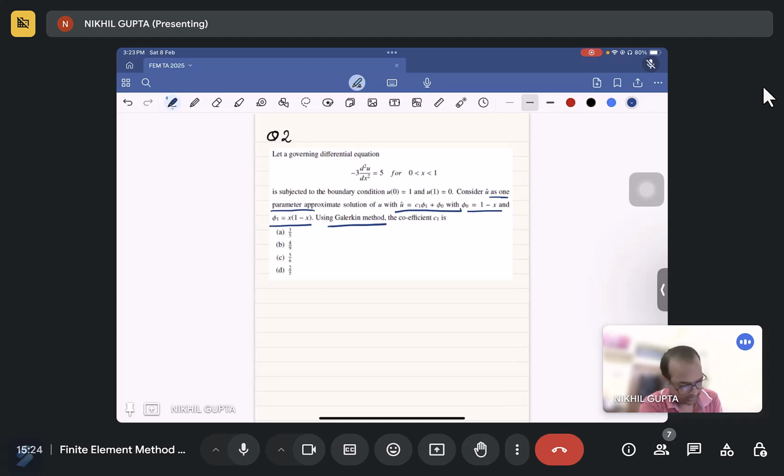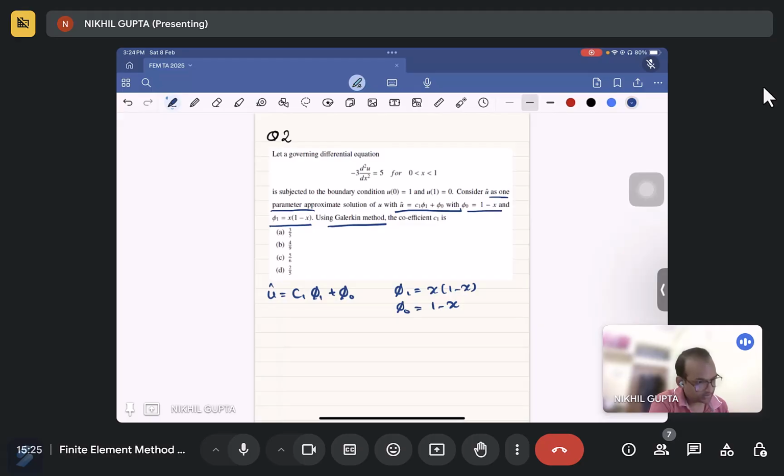So let's start this question. Let's first write what is given. Here u is given as C1 phi 1 plus phi naught, where phi 1 is x(1 minus x) and phi naught is 1 minus x. You have to find the coefficient C1 with the weighted method.